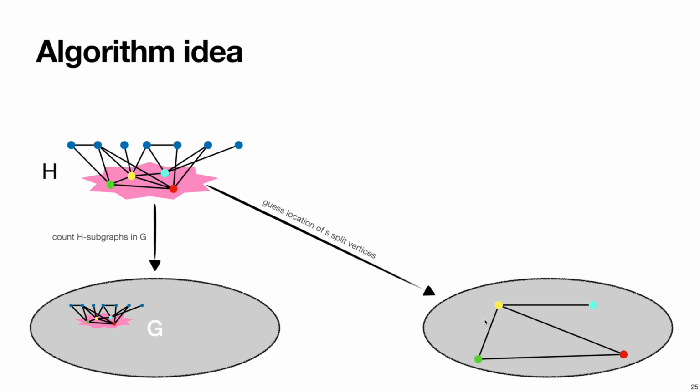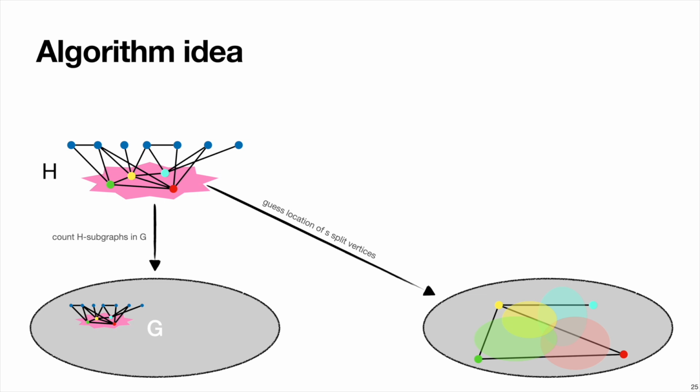And then we color the rest of the graph using these 4 colors. We color every vertex, for example here with yellow, if these vertices are neighbors of the yellow vertex. And the yellow vertex is the image of this split vertex from H. So we color in yellow every neighbor of the yellow vertex.